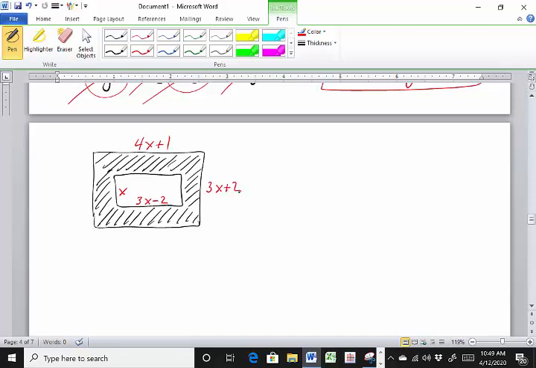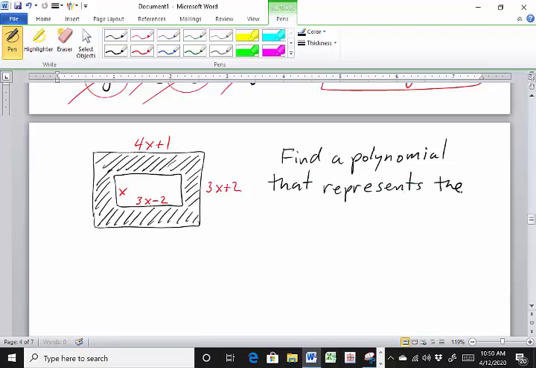And the question would be to find a polynomial that represents the shaded area.